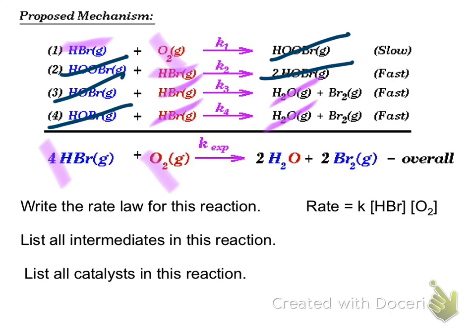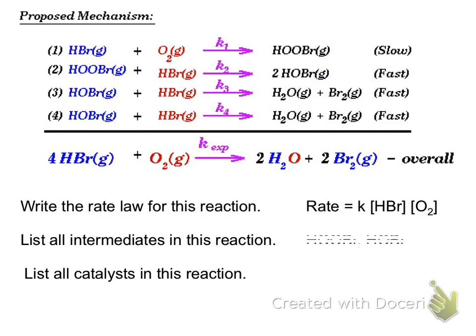How many waters? 2 waters, 2 waters. 2 bromines, 2 bromines. Hey, there we go. The only intermediates that I had were these. Well, 2 different ones. Okay, those are my 2 intermediates. We won't worry about this last point, the catalysts for the reaction. There are actually none in this particular process, but again, we'll worry about that in a future video. All right, that's reaction mechanisms.